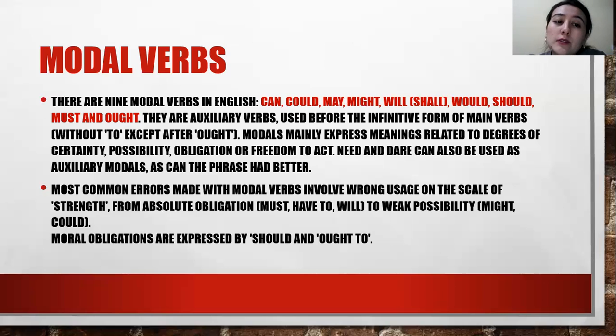The exception is ought. After ought, we have to put to, but after other modal verbs, we have to put infinitive forms of verbs without to. So modals mainly express meanings related to degree of certainty, possibility, obligation, or freedom to act.